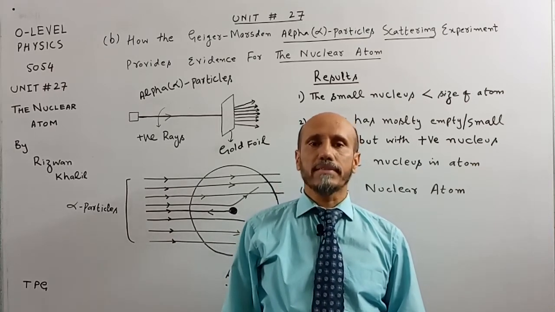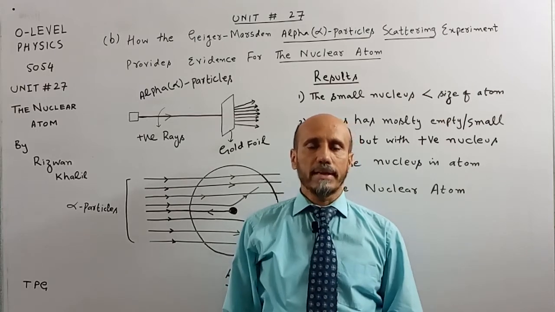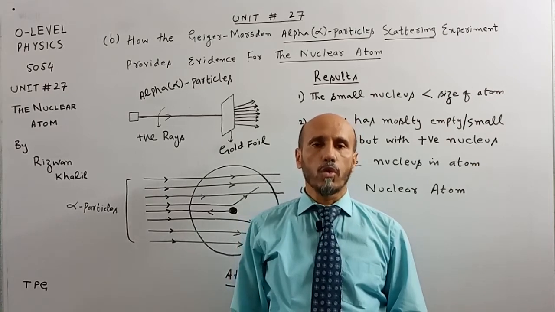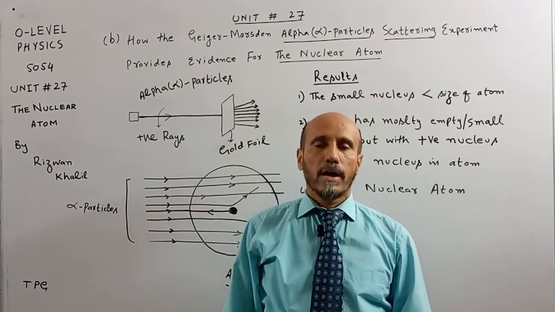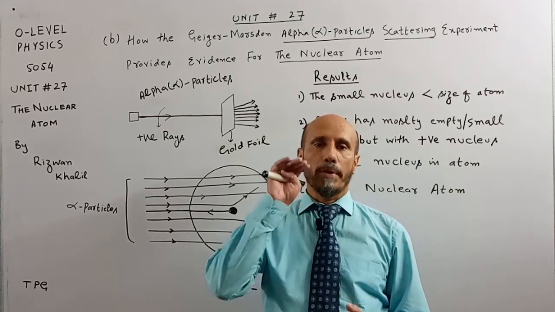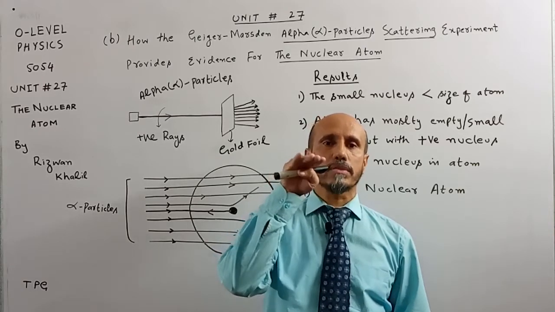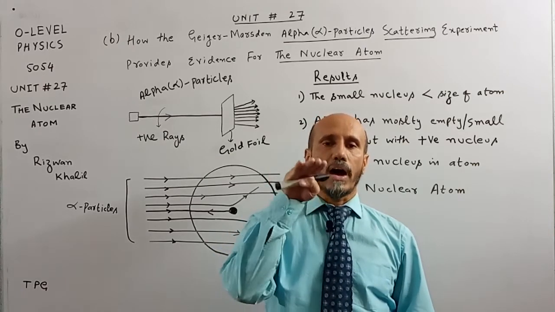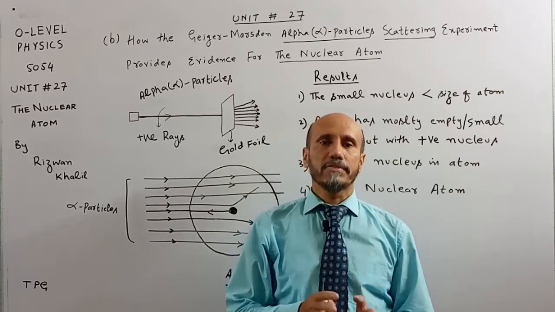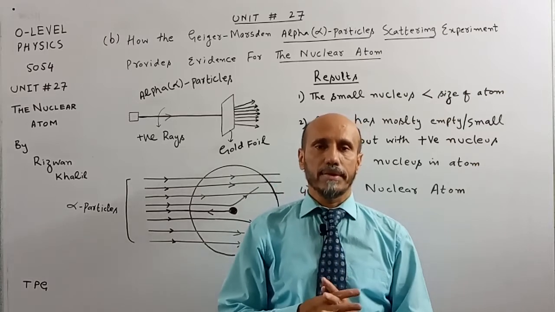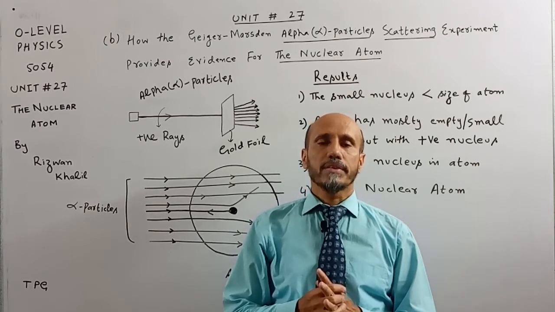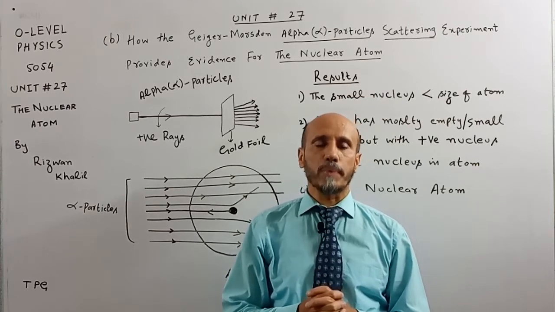What they did was that they took alpha particles and threw those alpha particles on thin gold foil, and they studied their scattering. After the particles fell on the thin gold foil, they studied their scattering pattern, and after studying it they drew different conclusions regarding their experiment.